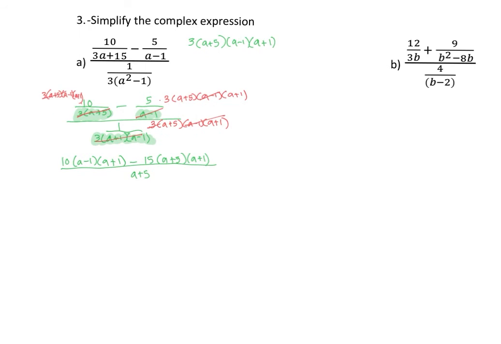Okay, so what we are going to do is distribute. Oh, that's fun. That's a squared minus 1 minus 15 times a squared plus 1a plus 5a is plus 6a plus 5, all over a plus 5.